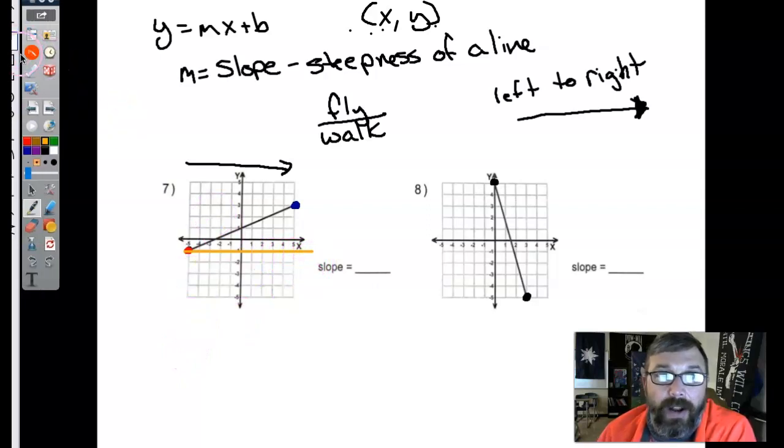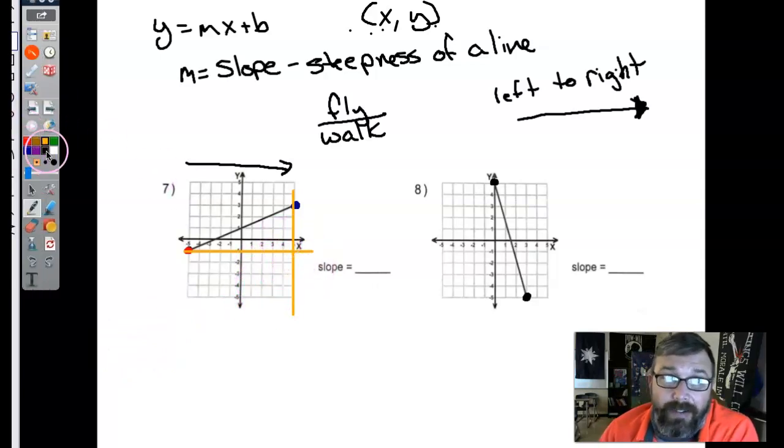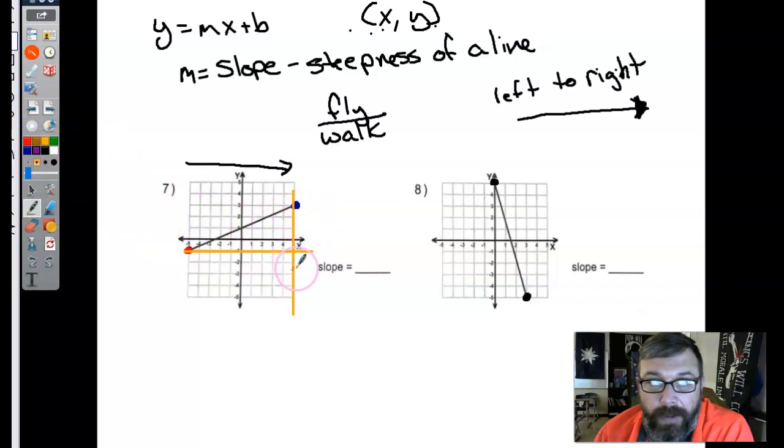The next thing I want to do is draw a vertical line from my second point. Come out to my second point. There's my vertical line. Now, just like a pirate, where they meet makes an X. An X marks the spot. So now I'm going to go ahead and annotate that.